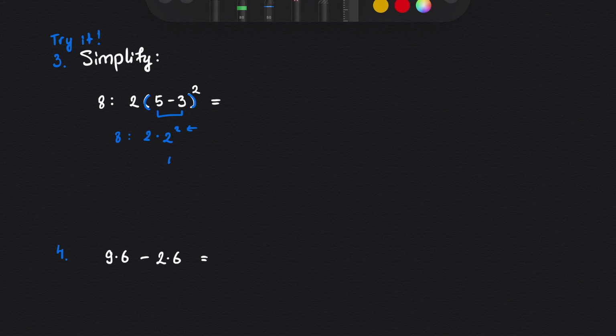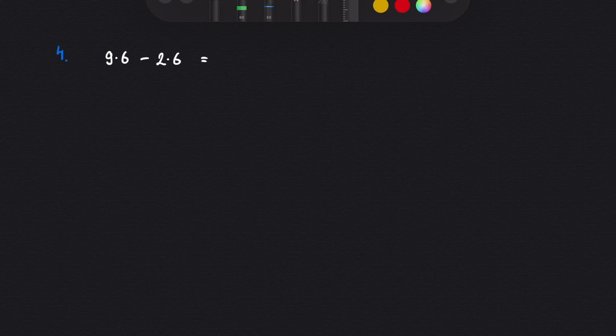That's the second power. 2 to the second power is 4. Now here, be careful. We always go from left to right. So our first step is going to be 8 divided by 2. 8 divided by 2 is 4. 4 multiplied by 4 is 16.